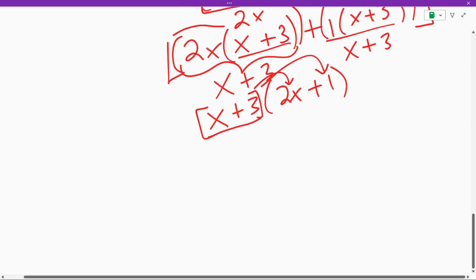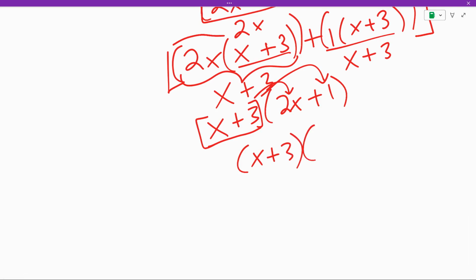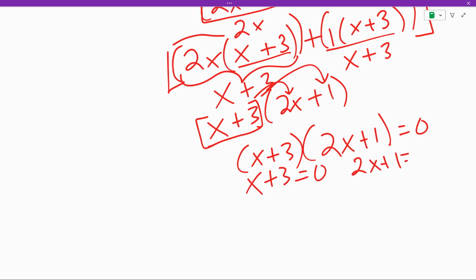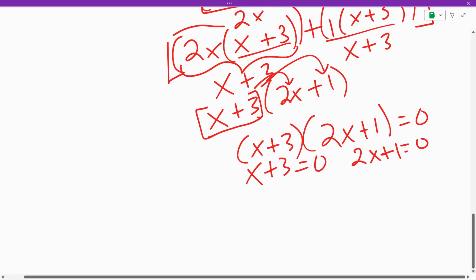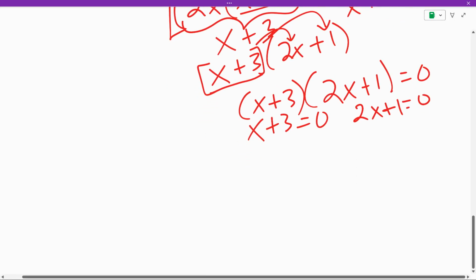So now that we have our quadratic form simplified to x plus 3 and 2x plus 1 equals 0, we can set both of them equal to 0: x plus 3 equals 0, 2x plus 1 equals 0, and solve for x for each case.